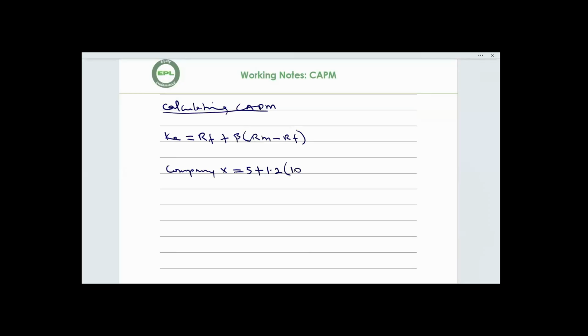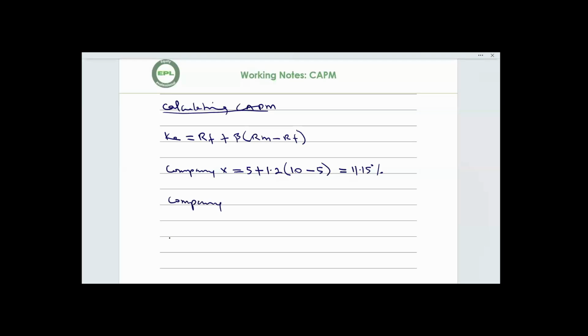Market return is 10%, risk premium is 5%. So this will give us 1.2 multiplied by 5, then plus 5. That's 11.15%. Okay, 11.15%.